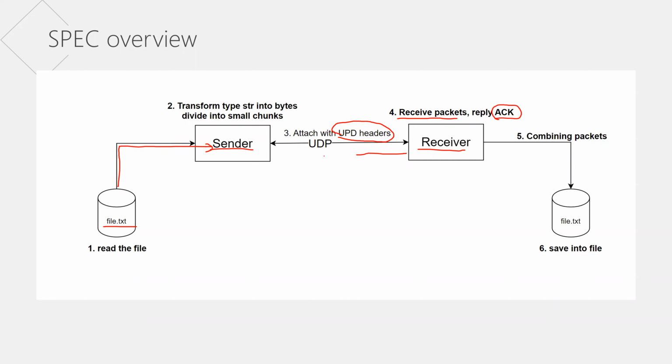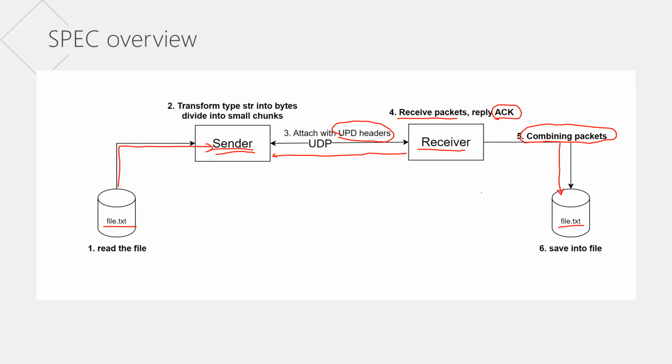So it will have some transmission from the receiver to the sender side. And of course, if a packet is lost, the sender will have a timer and then resend the packet to the receiver. And finally, when we have all the packets, the receiver will combine all the packets and save them into the file that we want.